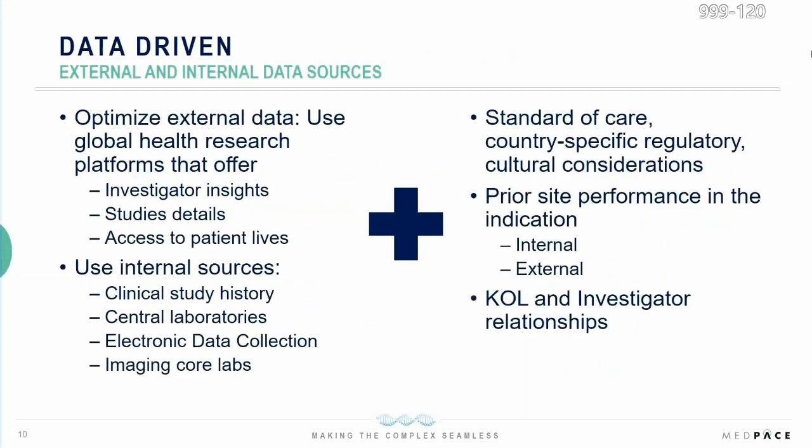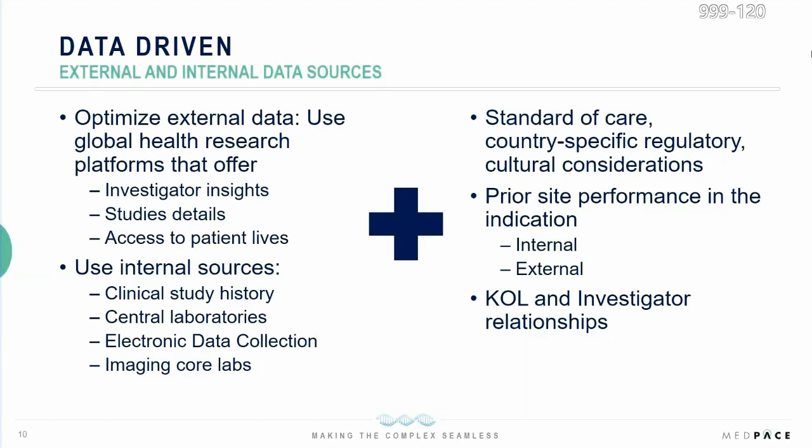At Medpace, we find it effective to use both external and internal data sources for formulating our strategy, such as global health research platforms. Access to public data and private global health research platforms provide information for over 400,000 investigators across 300,000 studies and involving more than 135 million patients to supplement our internal metrics.